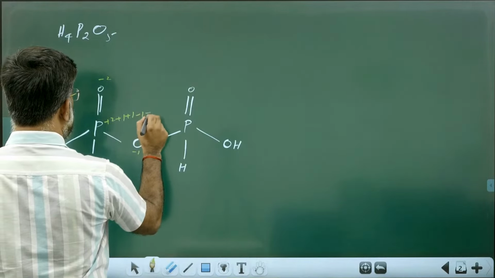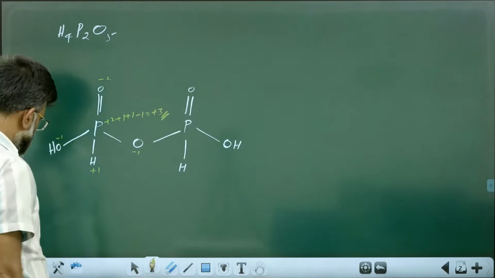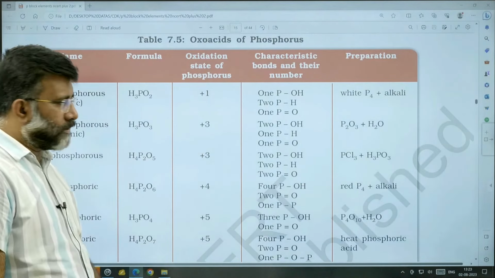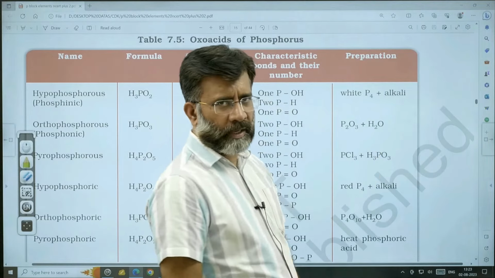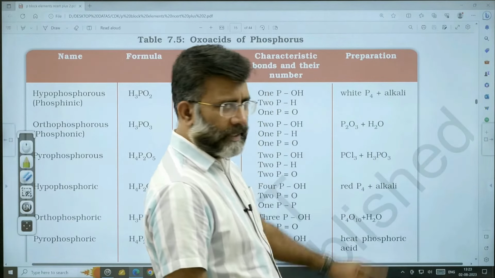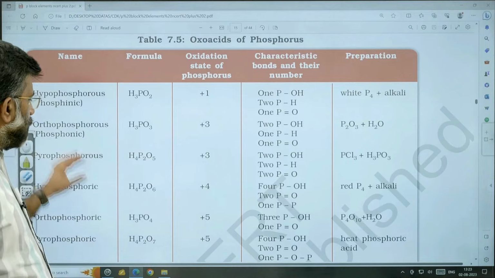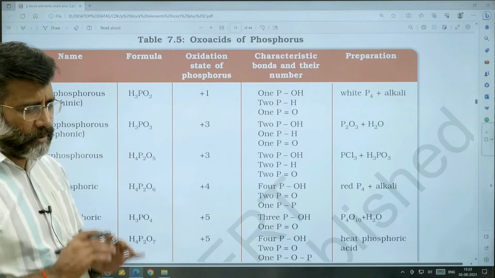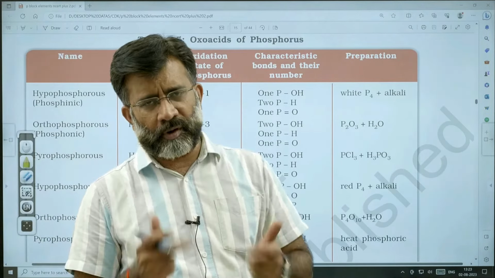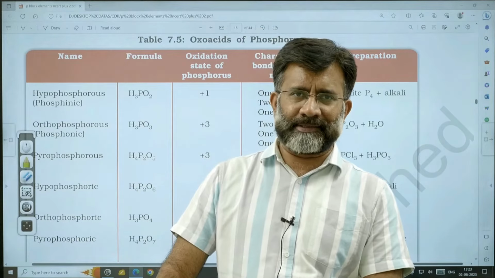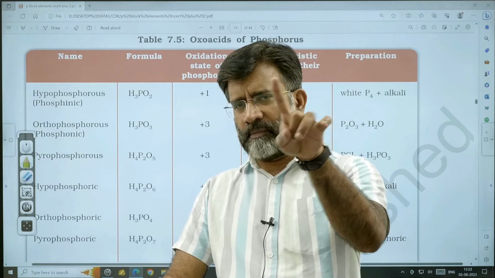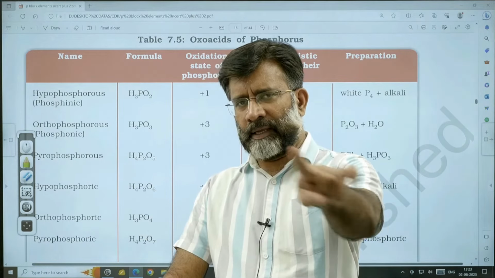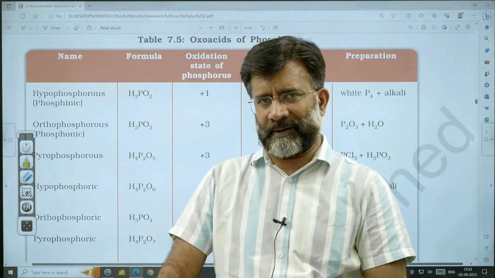So it will be +3 oxidation state for both phosphorus, which is obtained by action of PCl3 with H3PO3. Right? So instead of memorizing the structure, apply some logic for drawing it. Give phosphorus, give tetrahedral, give 1 PO double bond, give 1 POH, give the rest according to the formula. Okay.